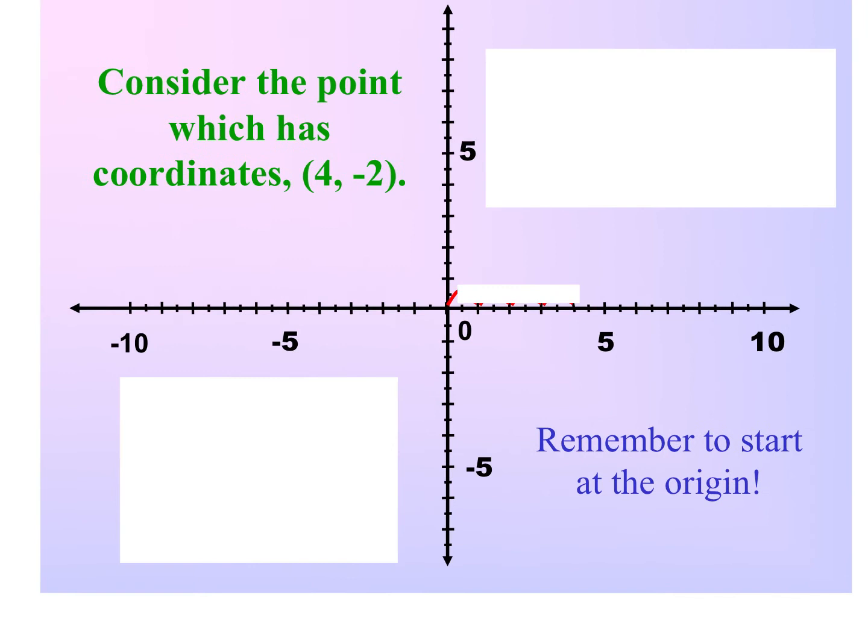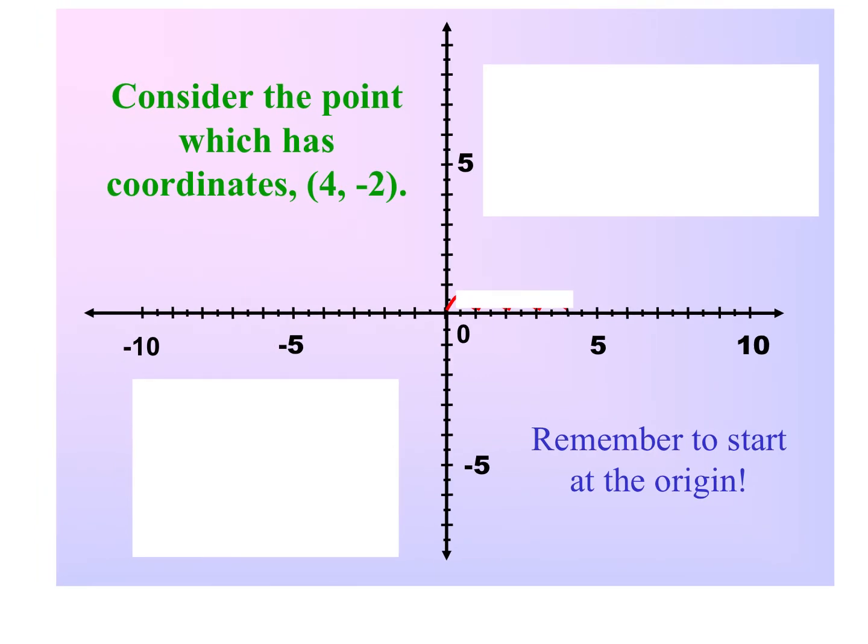So let's think now, consider the point which has coordinates at (4, -2). Remember, you're always going to start at the origin. So if you're at the origin here, we're going to go over 4 spaces. I'm going to count 1. It looks like they had marked the halves as well.